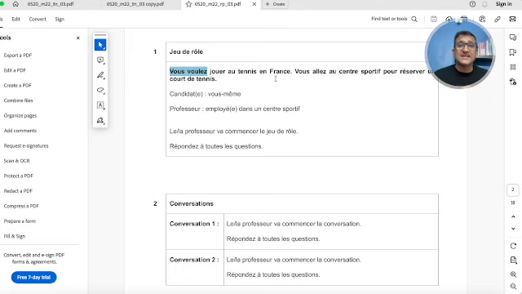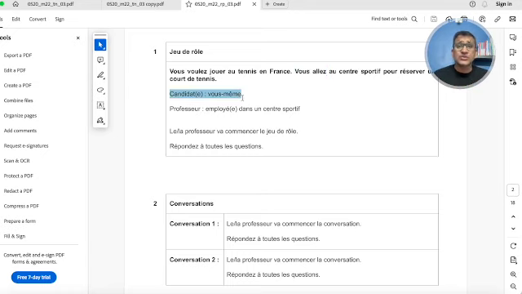You want to play tennis in France. Again, vous allez. Vous allez is the conjugation of the verb aller with vous. So you are going to the sports center pour réserver un court de tennis. To reserve a tennis court. So you are the person who is going to the sports center, basically, to reserve the tennis court.